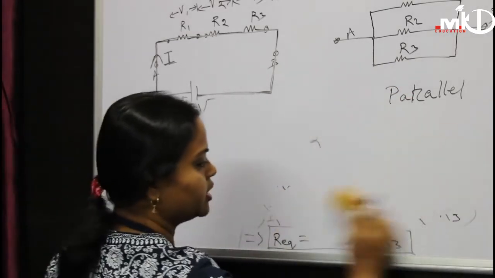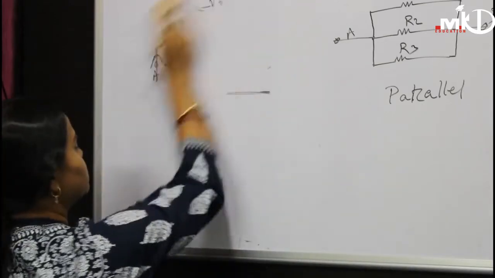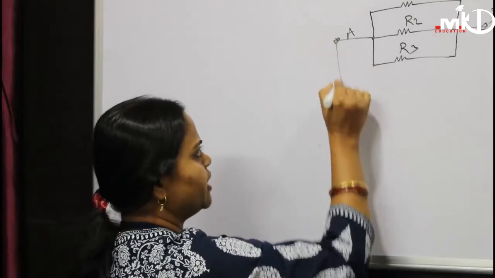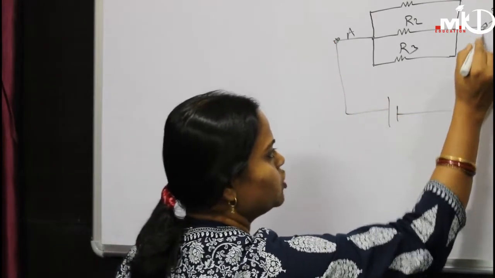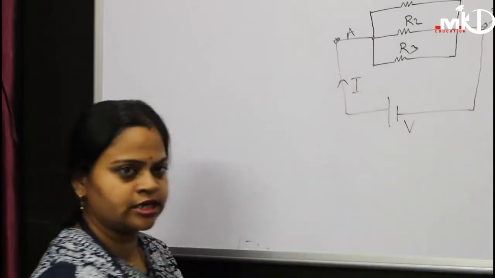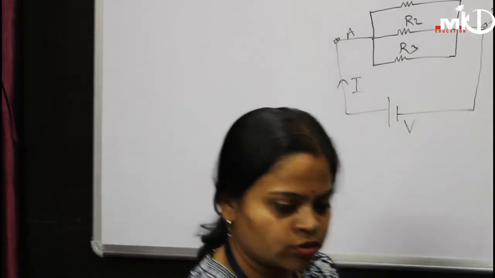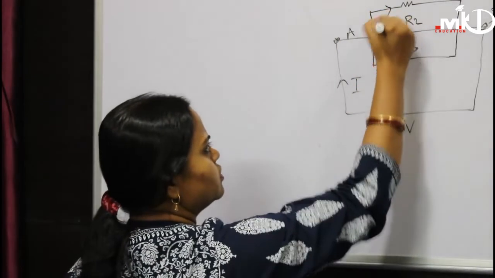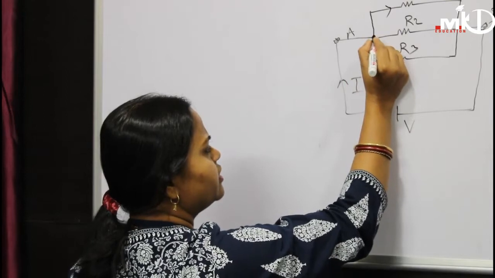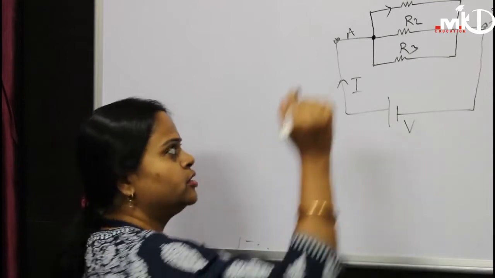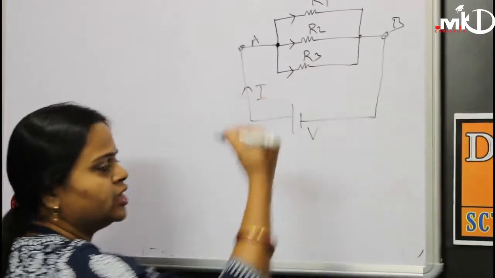For the parallel circuit, again the same thing, we have to connect it with a battery. This is the voltage source here, and this is the total current I flowing through the circuit. Here we have one junction point, so the current will divide into three different parts.